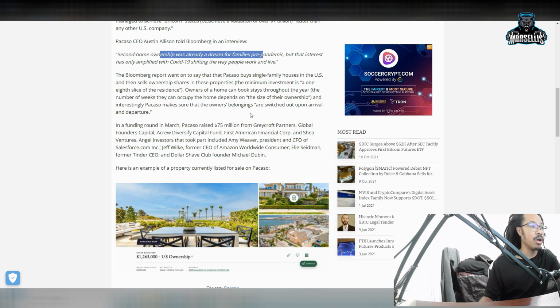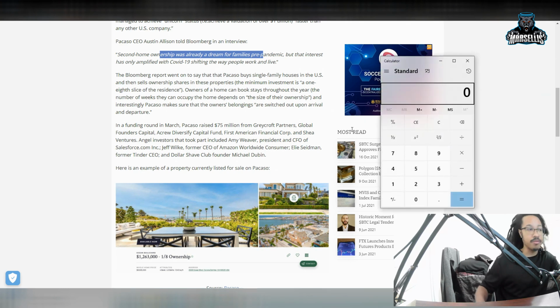So if you own a $1.2 million house, you own an eighth of the ownership. Let's do this math here. I'm not really sure how to do this math, actually, but if you own 1/8 of this house, that's actually pretty big.